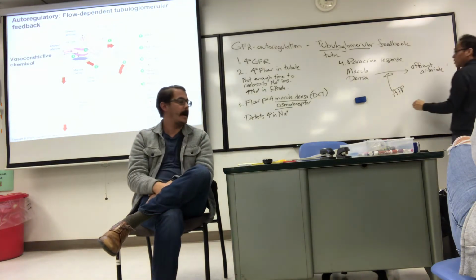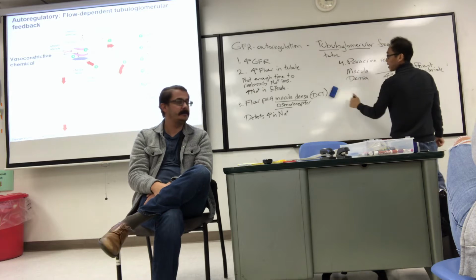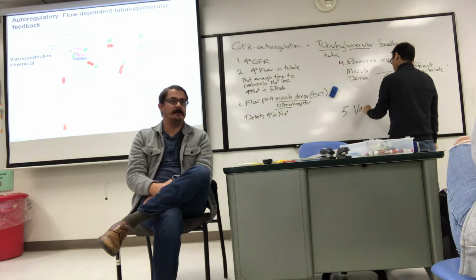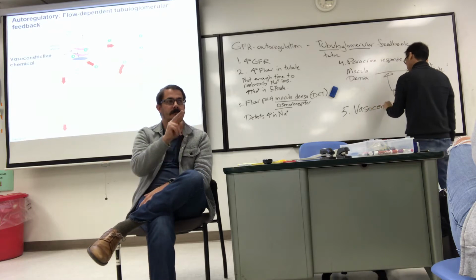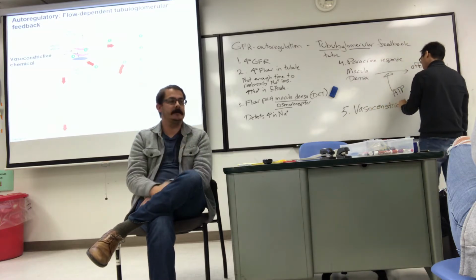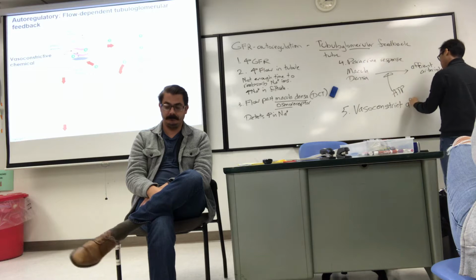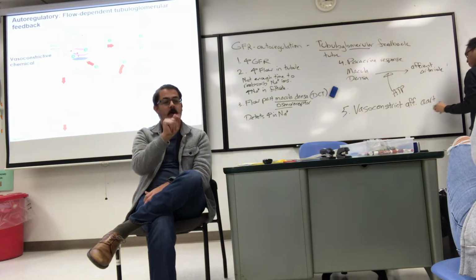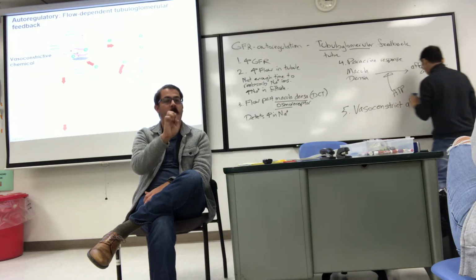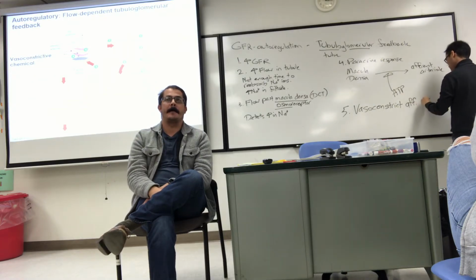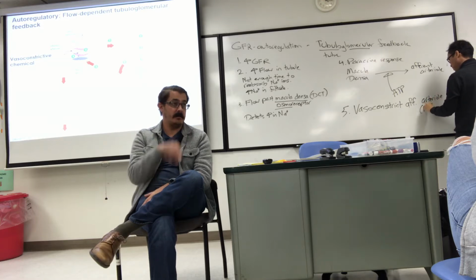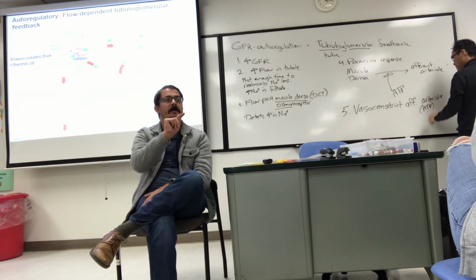So I'll say, well, they list it as a separate step, number 5. Vasoconstrict afferent arteriole. It's ATP that caused the vasoconstriction.